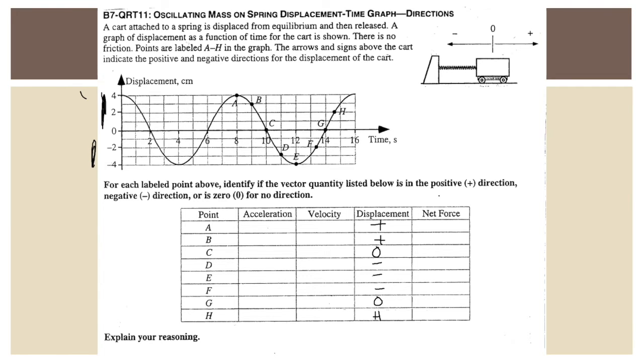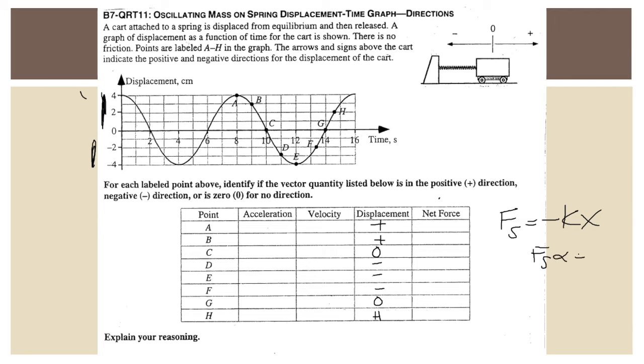Now, let's move on to the column right next to it, the net force. As we said, the net force acting on this cart in simple harmonic motion is a restoring force, meaning it's always trying to move the object back to the equilibrium position. What that tells us is that the force is always opposite the direction of the displacement. If you look at the equation, Fs, the spring force, is the negative of Kx.